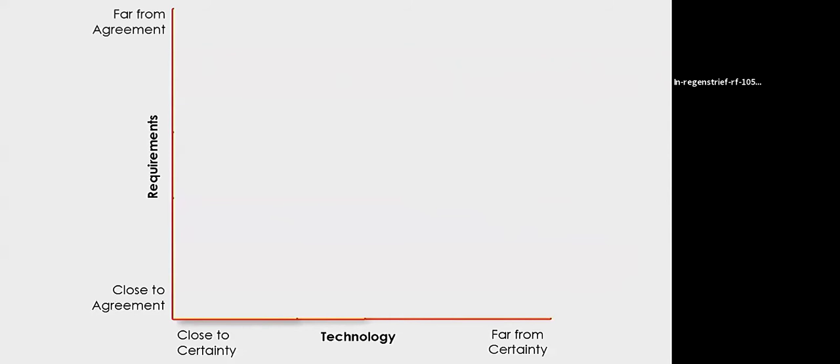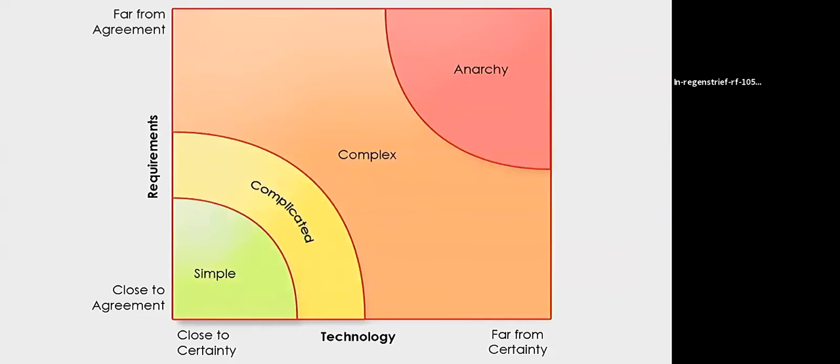This model is taken from the literature. It has been used in so many different areas, but I try to use it in characterizing healthcare systems. So the problems and the approach to solve them can be simple, it can be complicated, it can be complex, or characterized by anarchy.